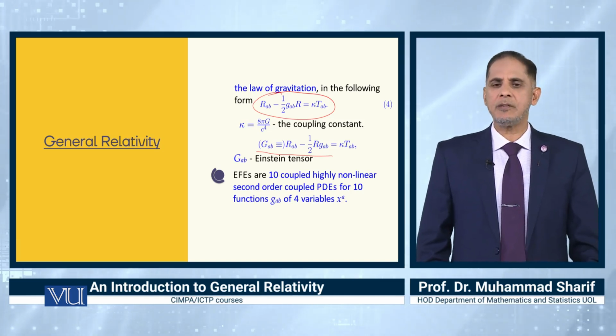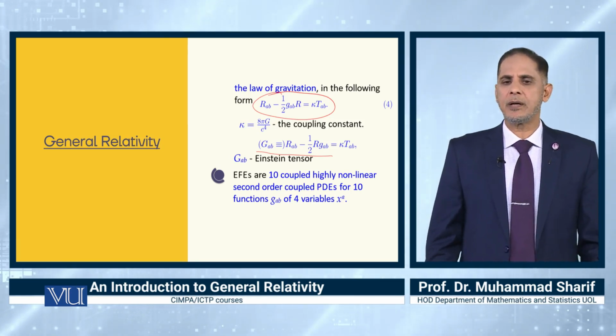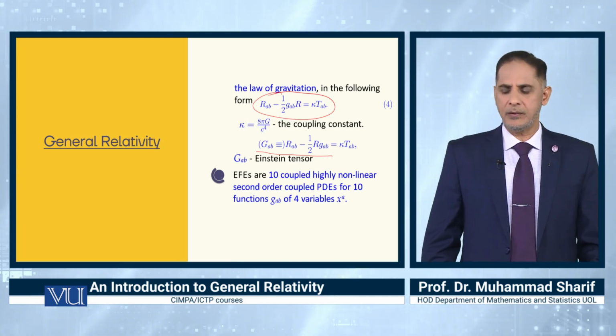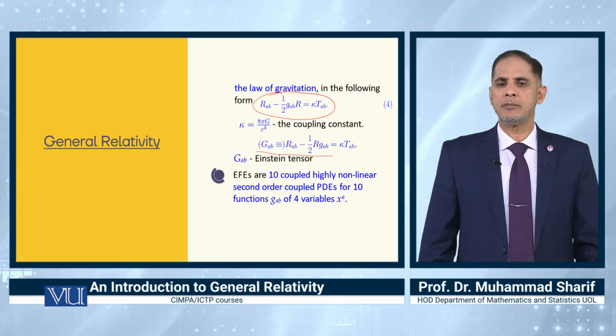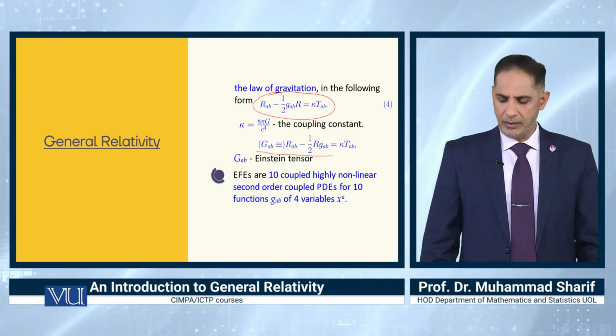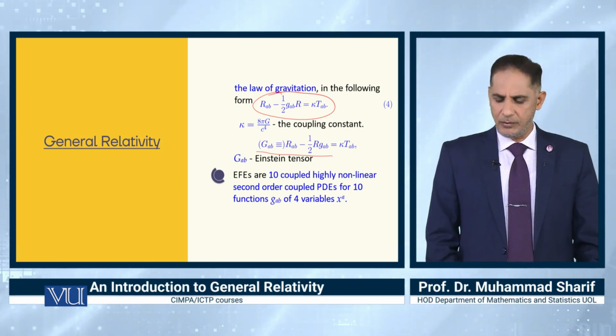Now, G_AB is multiplying with R Ricci scalar, and Ricci scalar also contains derivative. So, it creates the non-linearity in the field equations. And as we know that metric components have 10 independent components, it means we have 10 functions of g_AB, that is 10 unknowns. So, this is a complicated system.